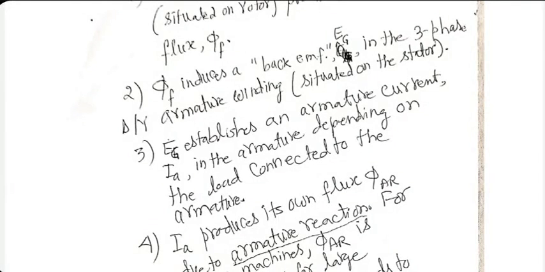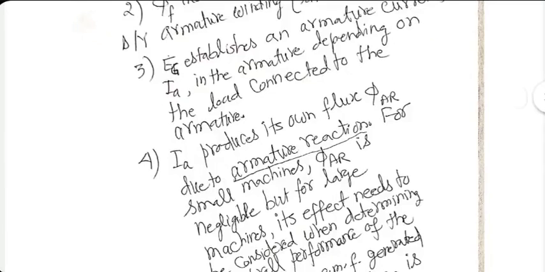So if you connect a load across the three-phase windings, some current will be established. Let's call that IA, armature current, as we were calling in DC generators also. Okay.